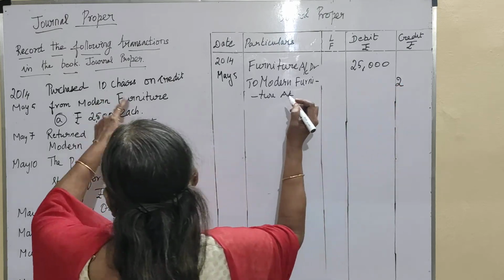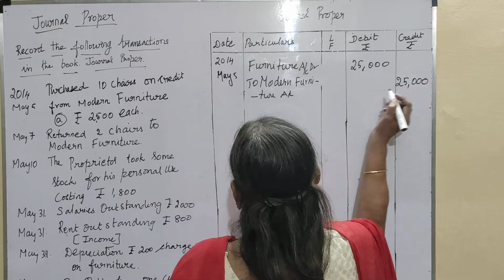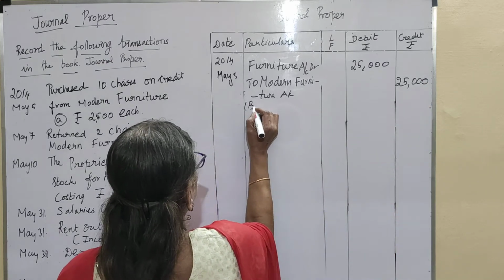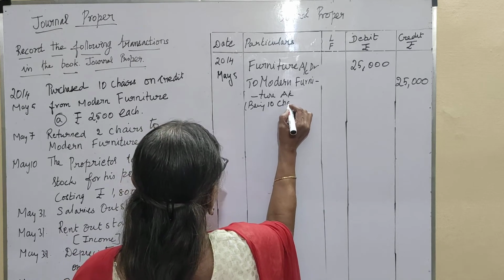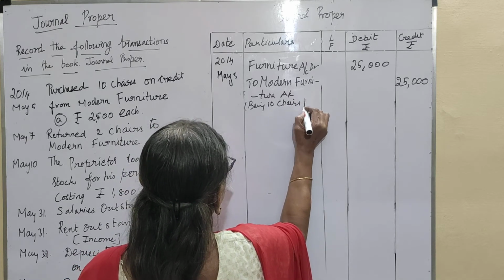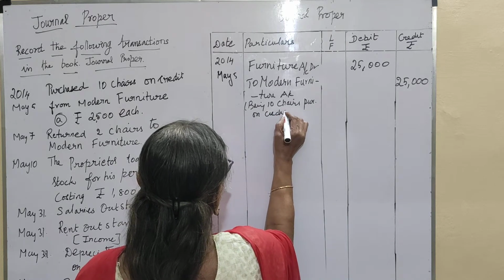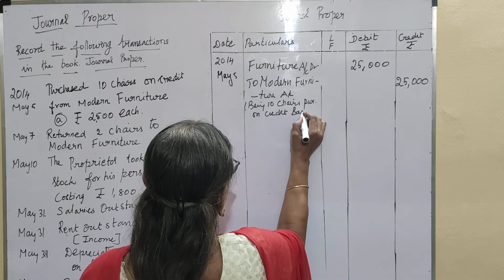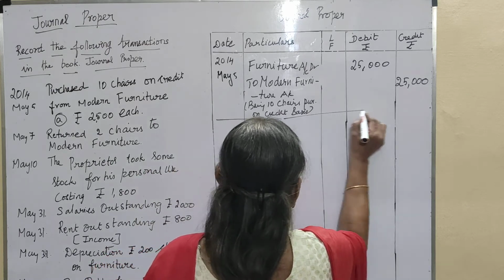That is 10 into 2,500, 25,000. And this being 10 chairs purchased on credit basis. Now close this bracket. This gets over.